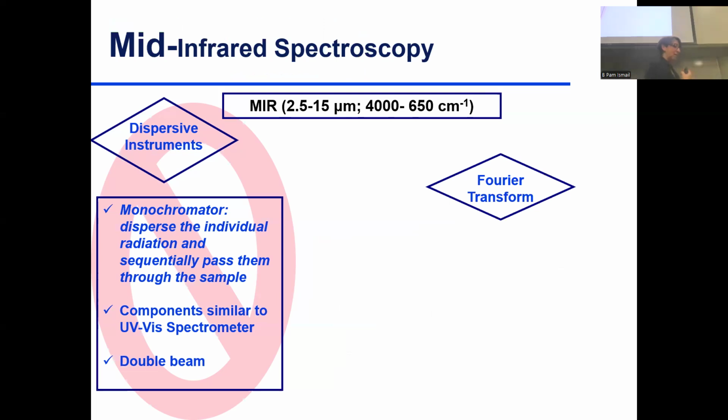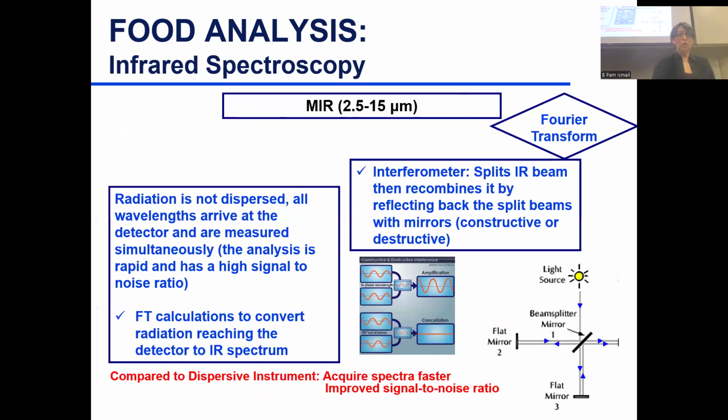But currently the instruments that are made and being adopted by the industry are based on Fourier transform. In Fourier transform, if you remember the image I showed you with amplification and cancellation, that is what we call interference.